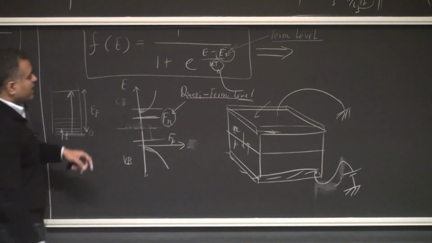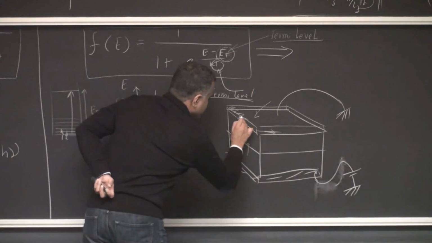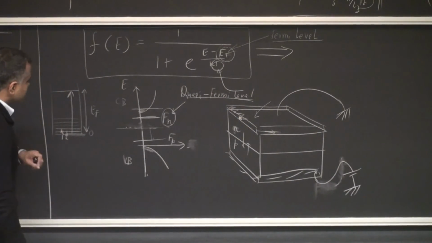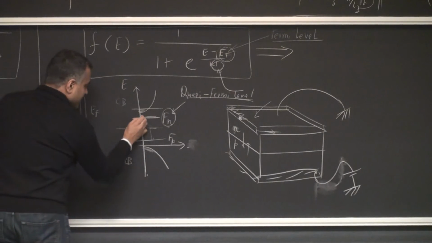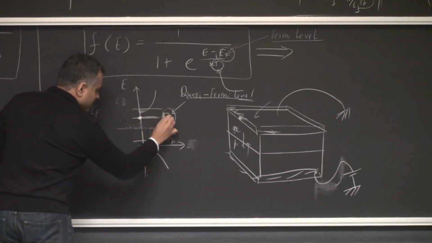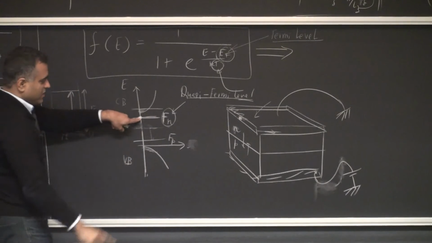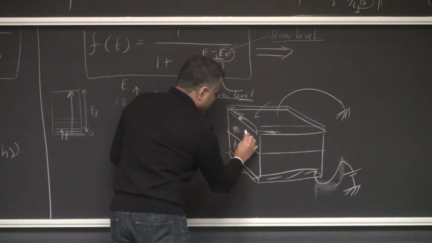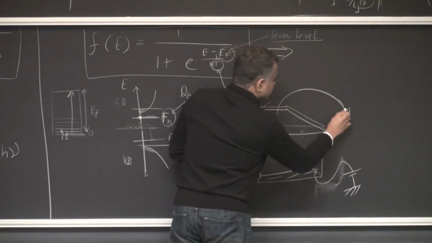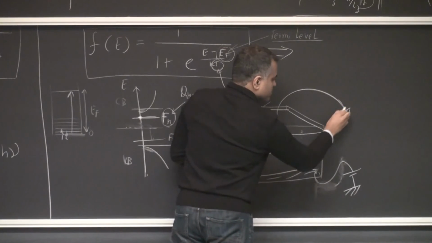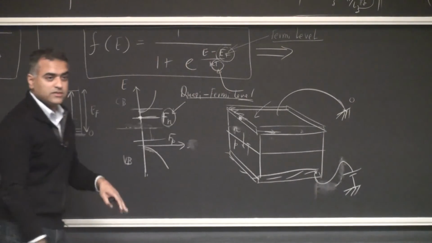And when I form a contact, this is an ohmic contact, what it physically means is I have connected the Fn, the quasi-Fermi level of all the electron population swirling around inside here, to this terminal, whatever its potential is. If it's at 0, the thing is at 0.